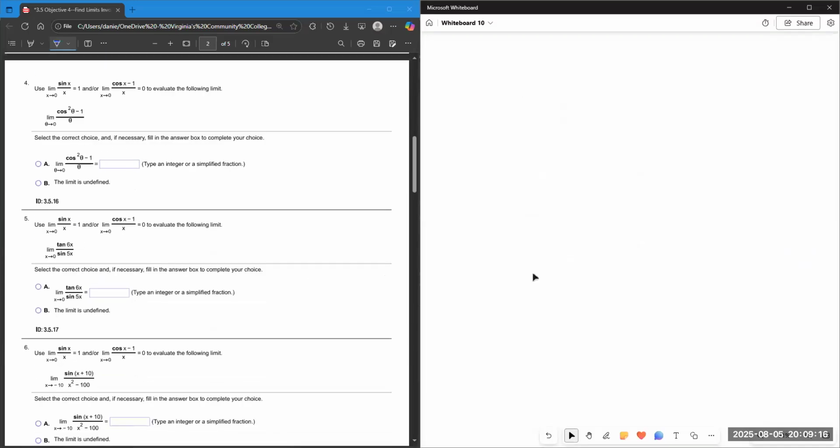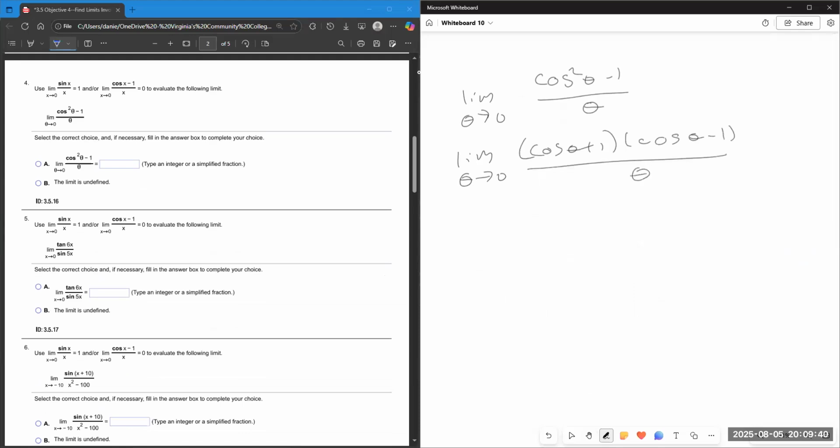Let's look now at number 4. Limit as theta goes to 0 of cosine squared theta minus 1 over theta is limit as theta goes to 0 of cosine of theta plus 1 times cosine of theta minus 1 over theta.